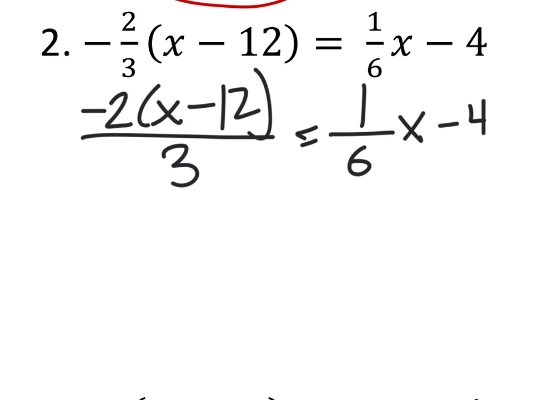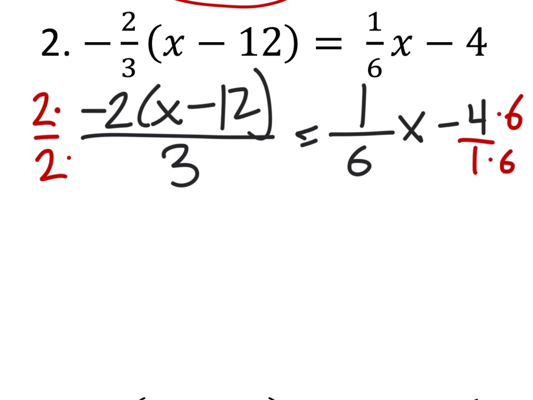So if we want a common denominator, our lowest common denominator is 6. So if I multiply the left side by 2 over 2, essentially I've just multiplied the left side by 1, which doesn't change anything. Alright? But I will have to take that 4 over 1, and I'm going to have to multiply both of those by 6.